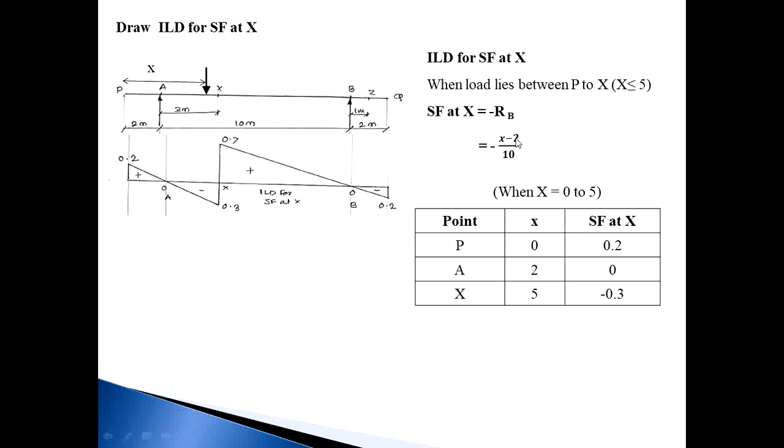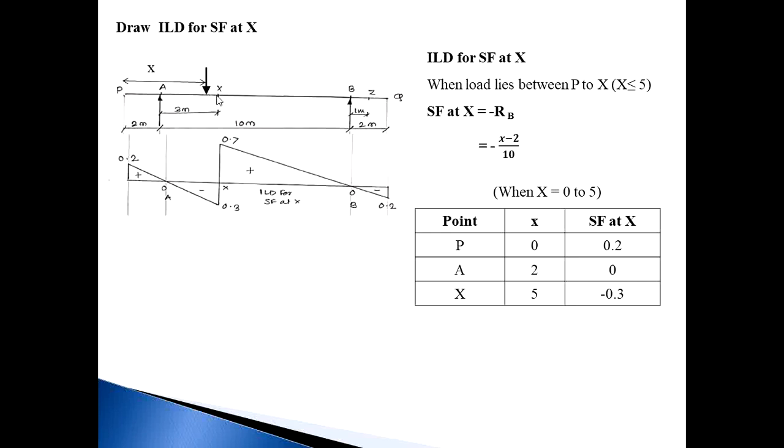So 2 minus 2 becomes 0, and 0 divided by 10 is 0. Then the load moves up to X. Now x is equal to 5. Minus 5 minus 2, that is 3, minus 3 divided by 10 is minus 0.3.